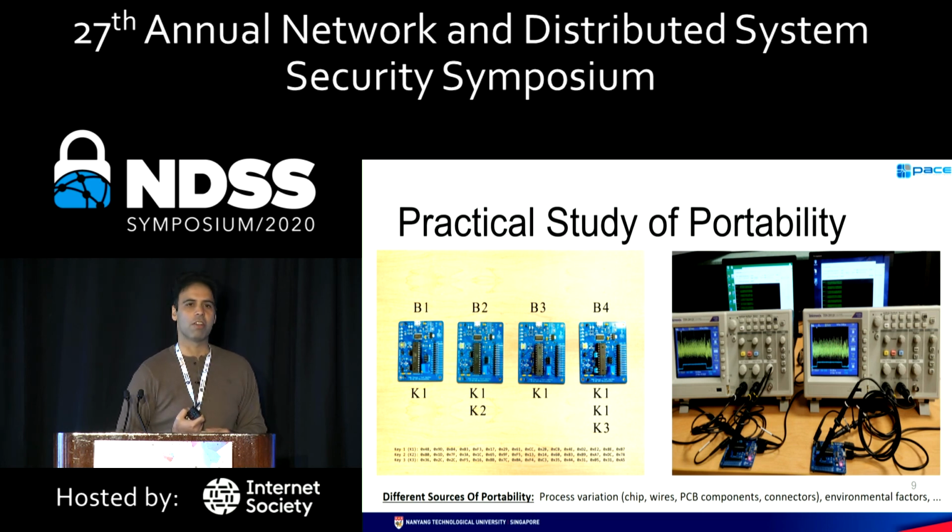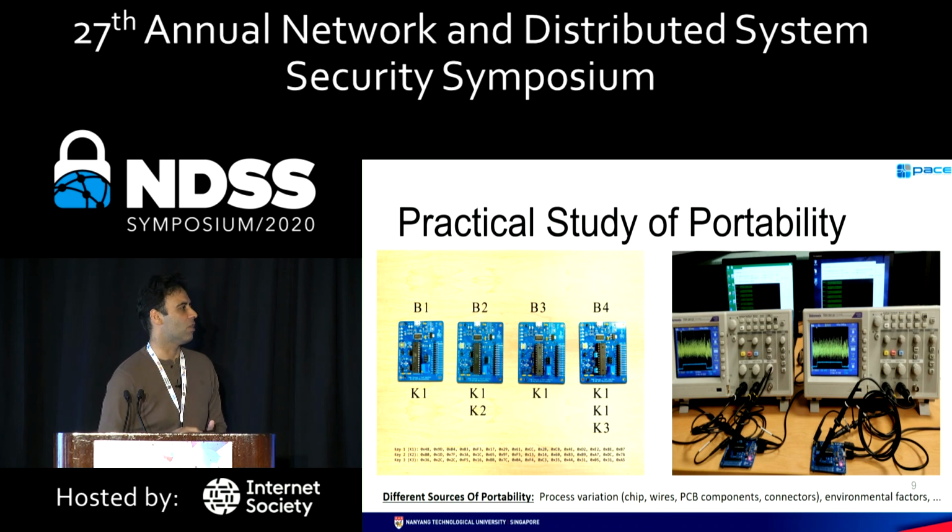You have discrete components on the board which have variation. You are connecting it through different wires to the oscilloscope, which has its own process variation, as well as the oscilloscope component itself. And when they are placed in different parts of the room, there will be minor environmental variations, and all these coupled together can have an effect on your measurements.